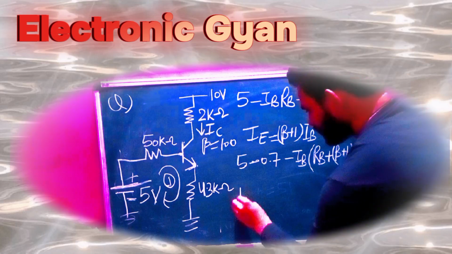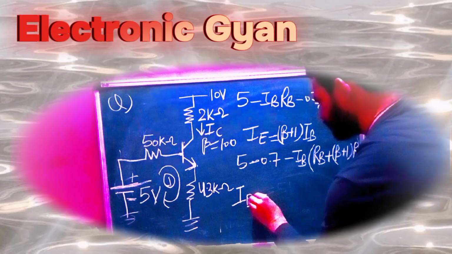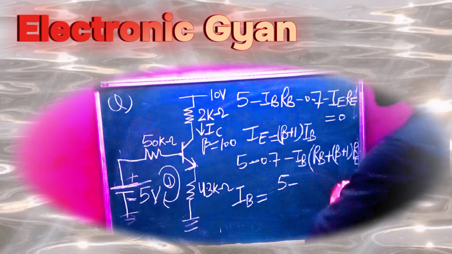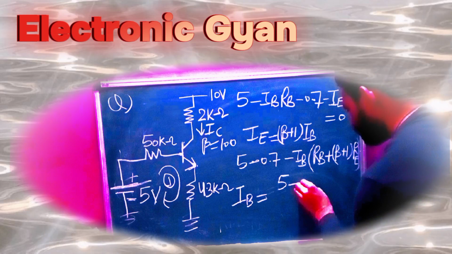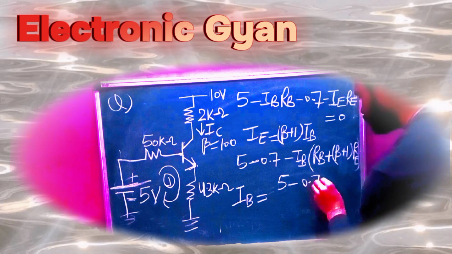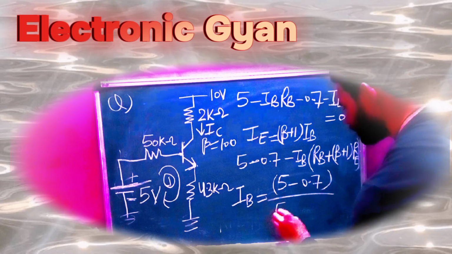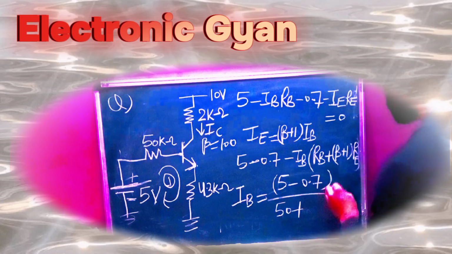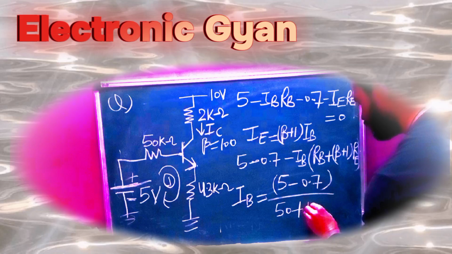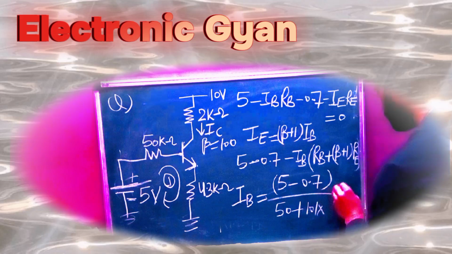Therefore the base current is given as IB is equal to 5 minus 0.7 divided by RB, which is 50, plus beta plus 1, that is 101, into RE, which is 4.3.